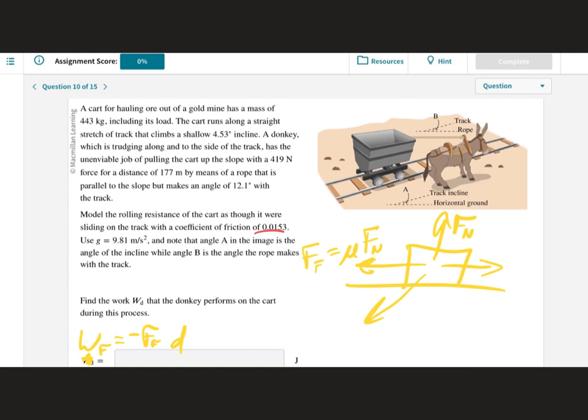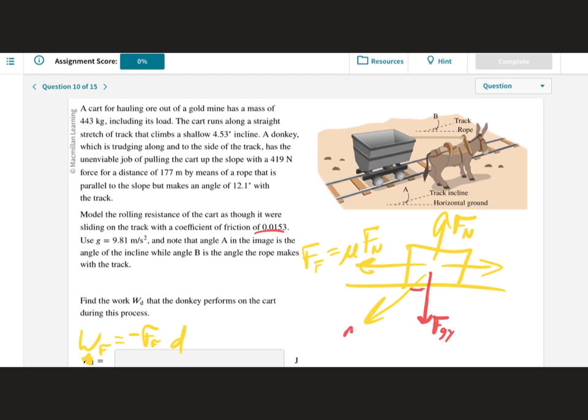It's not accelerating in this free body diagram in the y direction. So whatever the downward component is here is going to equal the upward component, the normal force. So the normal force is going to equal Fgy, which is the y component of gravity.